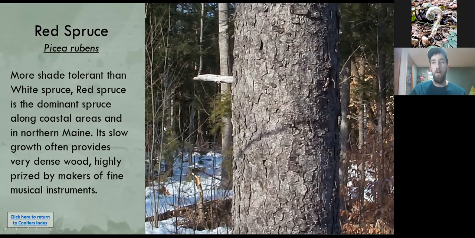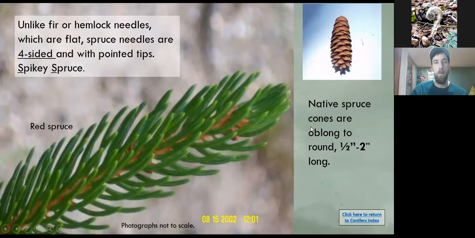High quality trees are prized. Red spruce is a tone wood, so it's highly prized for making the backings of things like violins and guitars, because the structural makeup of the wood vibrates really well, so it makes excellent material for making musical instruments.